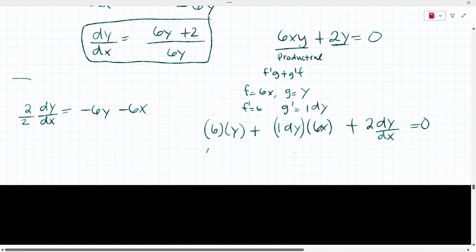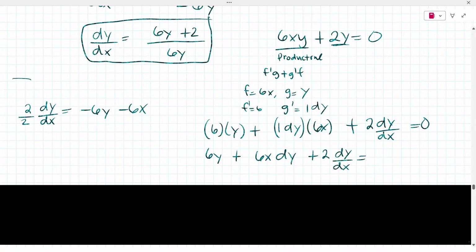So 6 times y is 6y plus 1 dy. I'll put the 6x first. So 6x dy plus 2 dy dx. And then solve for dy dx. So we have dy here. You have to put a dx. Okay. Now what I'll do is subtract 6y. And then over here, you can factor out dy dx.